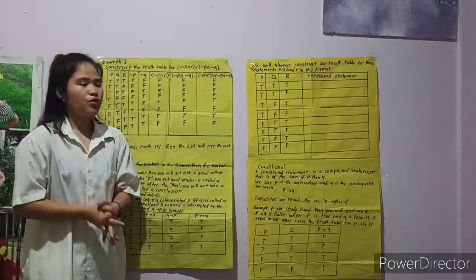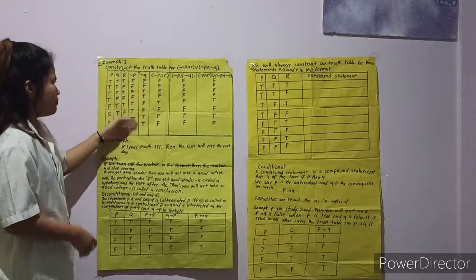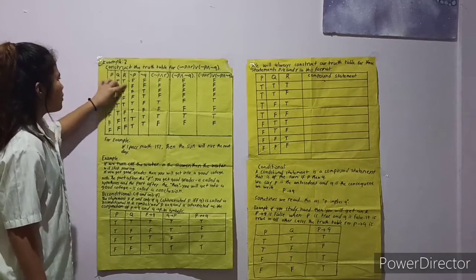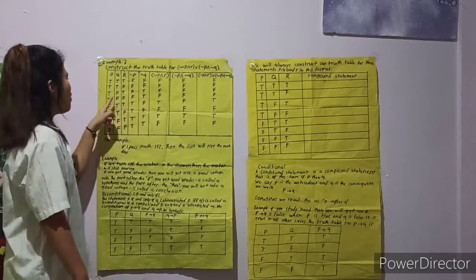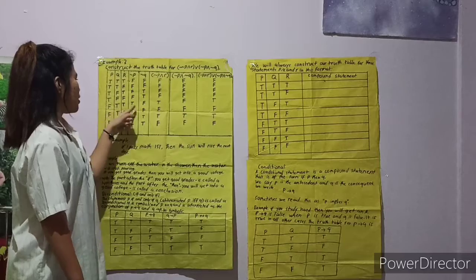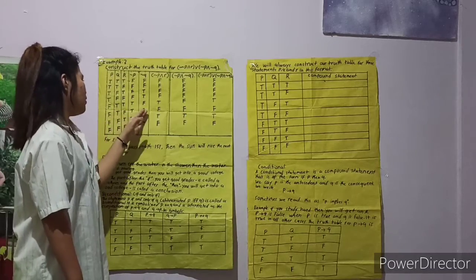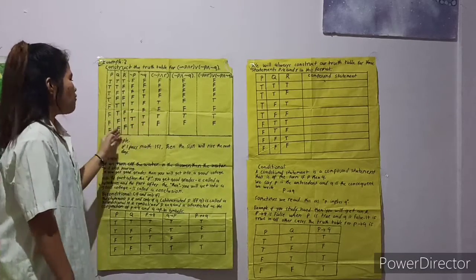The next thing to do is negate the second statement. We have true becomes false, true becomes false, false becomes true, false becomes true, true becomes false, true to false, false to true, false to true.